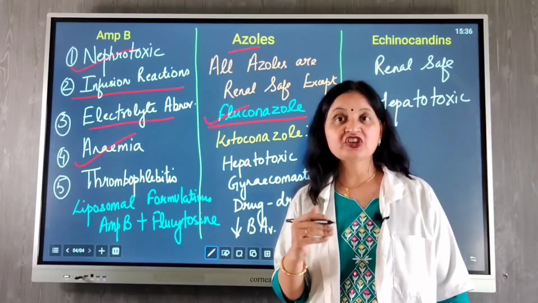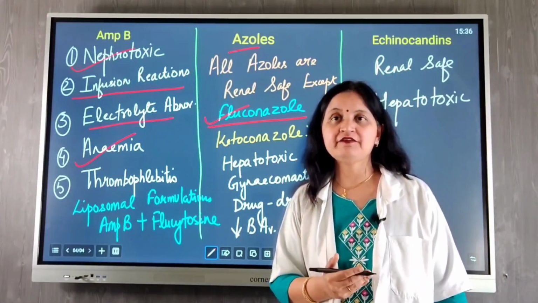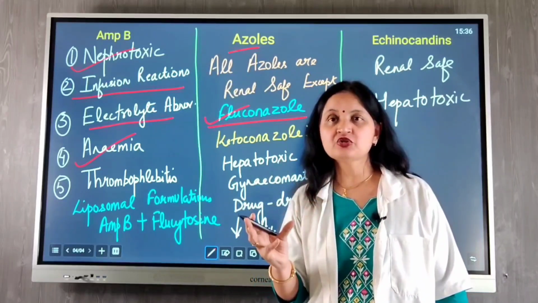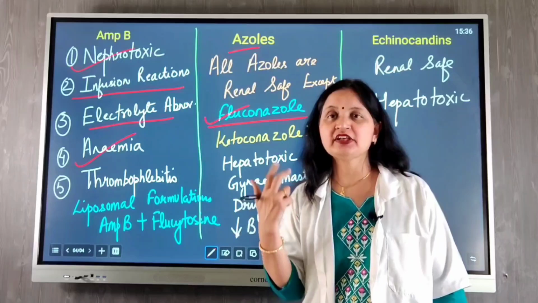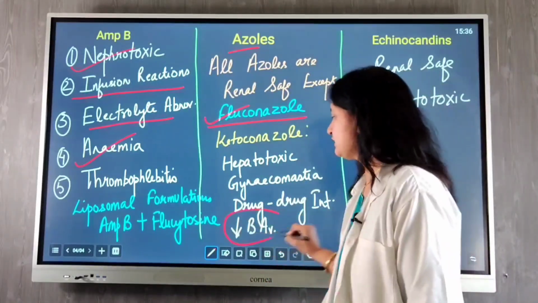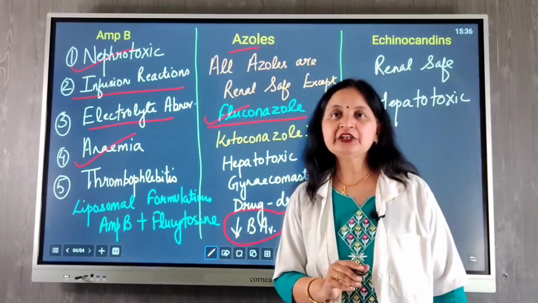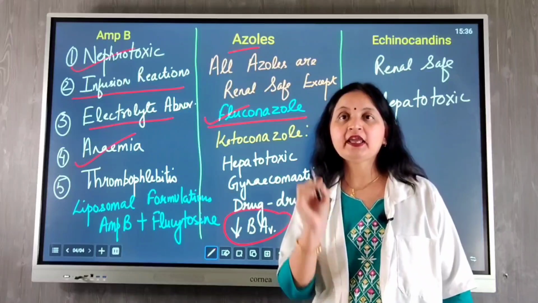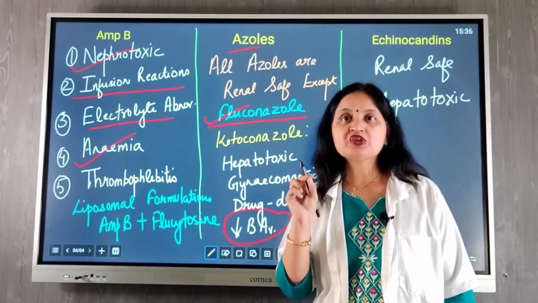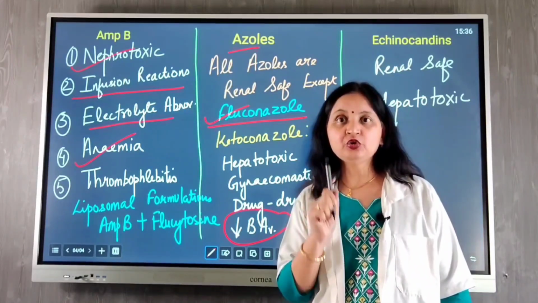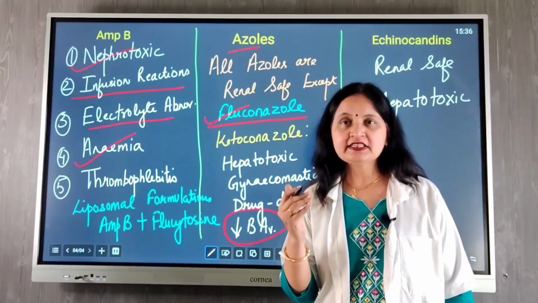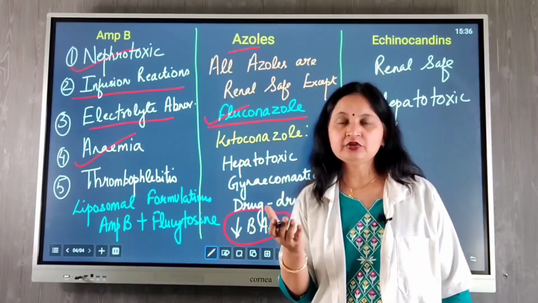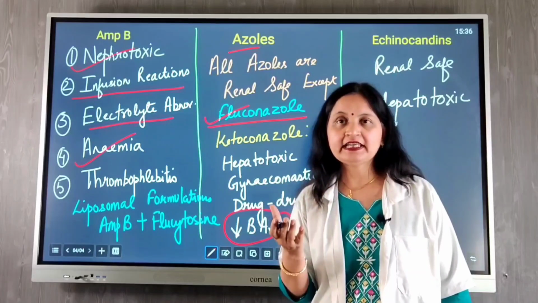Oral ketoconazole, which can be used for treating systemic fungal infections, is also associated with side effects such as hepatotoxicity, drug-drug interaction, gynecomastia, decreased bioavailability. So, oral ketoconazole has been replaced by itraconazole, which is given intravenously. Now, to be kept in mind that itraconazole is renal safe, it is not excreted through the kidney, it is not dependent on the kidney.